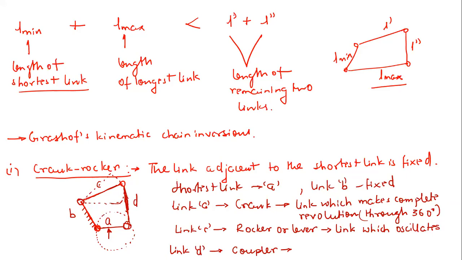So link A acts as a crank and makes a complete rotation, and link C acts as a rocker or lever, which will just oscillate and will not make a complete 360-degree rotation. Link D is called the coupler. What is a coupler? As the name suggests, the job of a coupler is just to couple the input and output links. Generally, the link opposite to the fixed link, very important, is called the coupler.